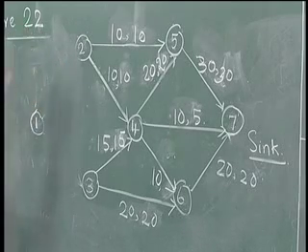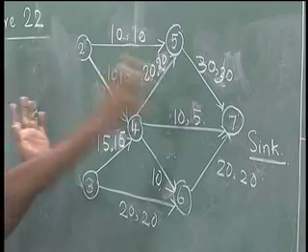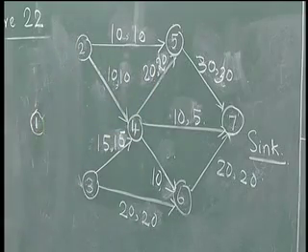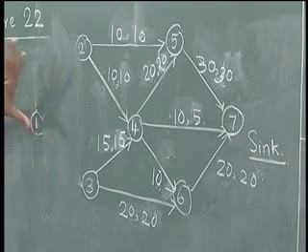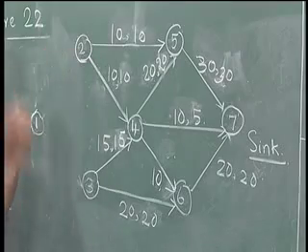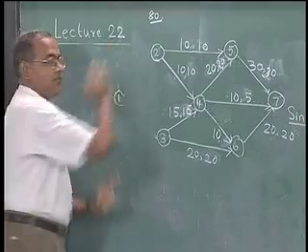I have disconnected this network with source on one side and sink plus the rest of them on the other side, and I know that the capacity that I have pulled out in order to disconnect this is 40 plus 40, 80.